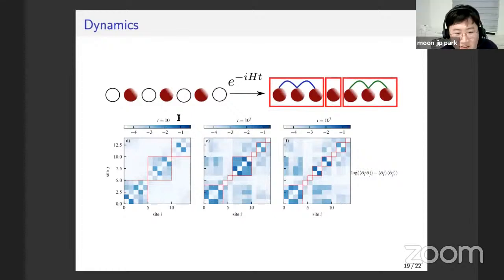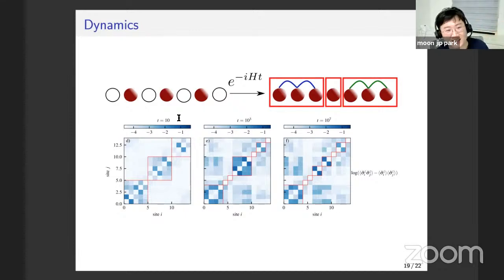Hi, thanks for the nice talk. I have a question. If you use MPS to represent your state, then you're already kind of assuming area law entanglement, right? So it's kind of like you're assuming your hypothesis already, and you're restricting your answer.